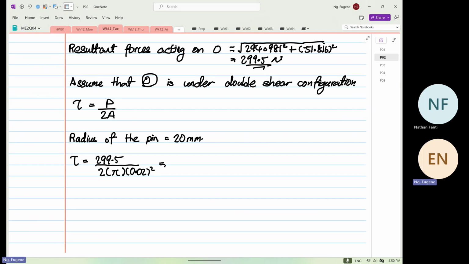So this will give you 299.5 divided by 2 divided by pi divided by 0.02 divided by 0.02. It will generate a shear stress of 119.167 times 10 to the power 3 Pascal.